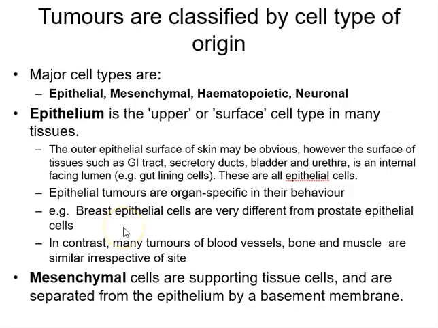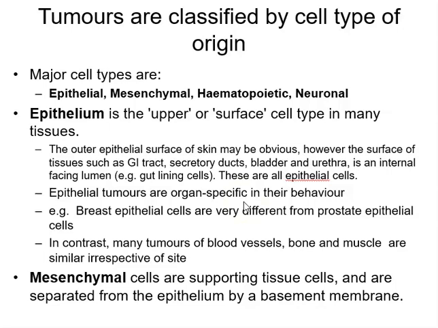So as we've seen, the epithelium is either the upper or outer surface or the inner surface, depending if we're dealing with skin, outer surface, or some ductal structures, inner surface. So you think about your GI tract, secretory ducts, they are all epithelial cells. And what we find is that epithelial cells behave quite similarly irrespective of which tumour they are from.